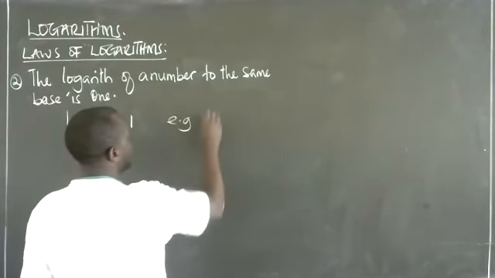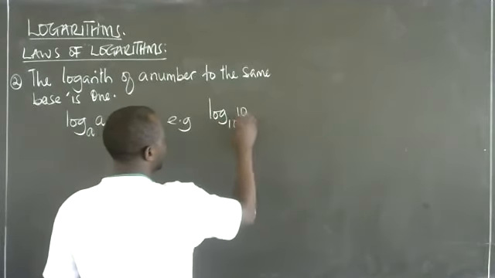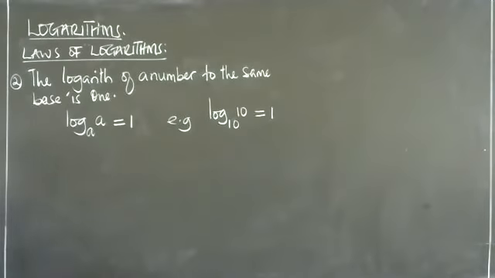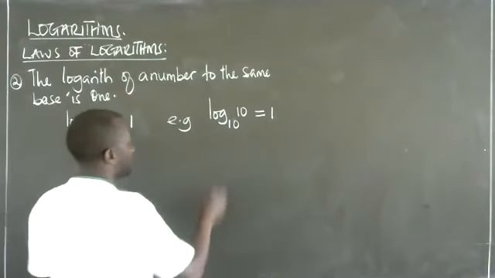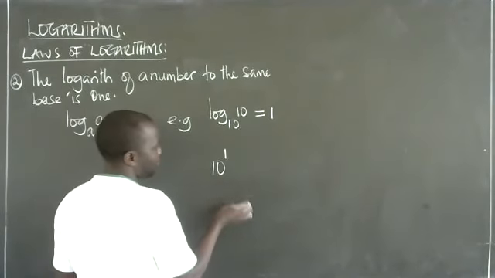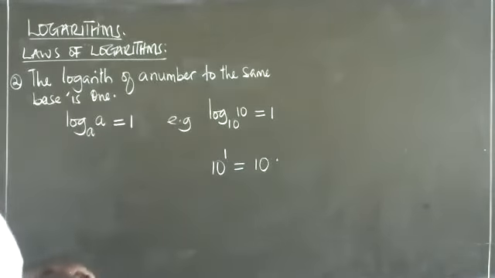For example, supposing I say the logarithm of 10, when the base itself is 10, this will always be equal to 1. Why? If I have 10 and I raise it to the power 1, isn't the answer still 10? Yes.